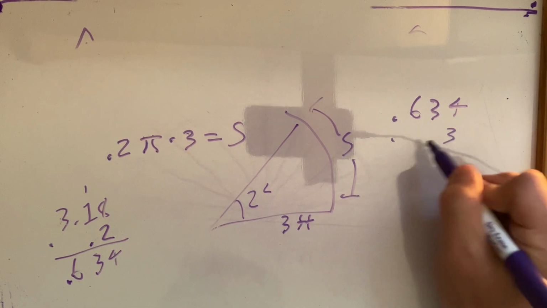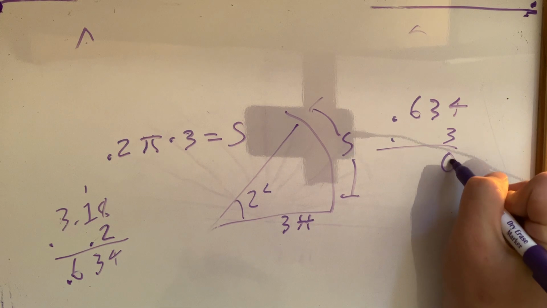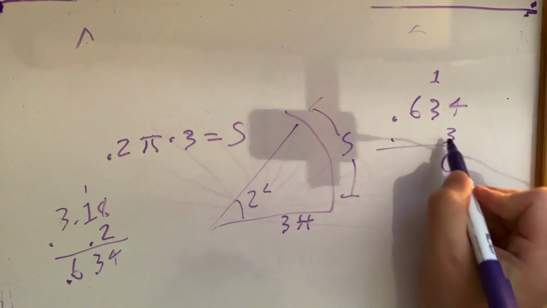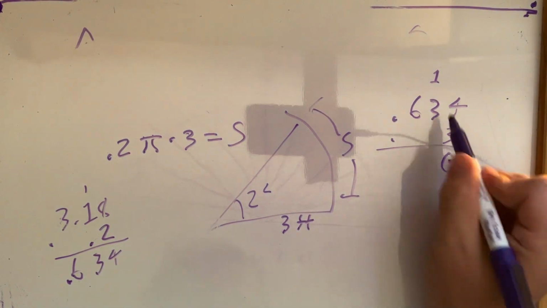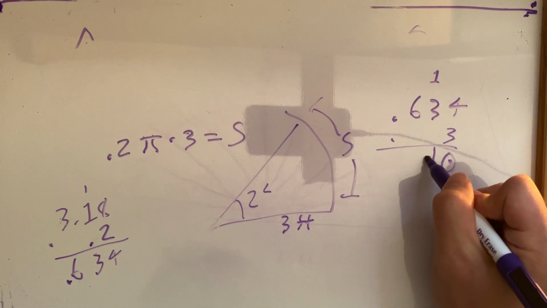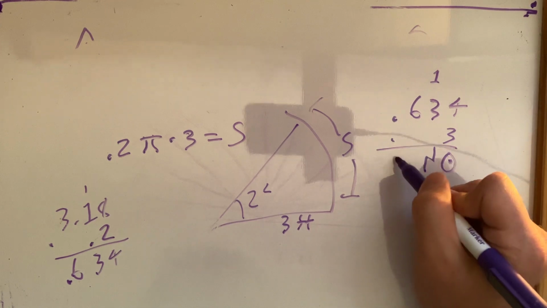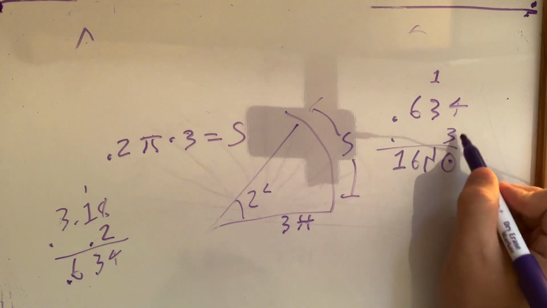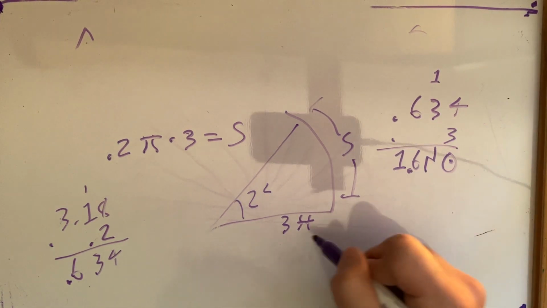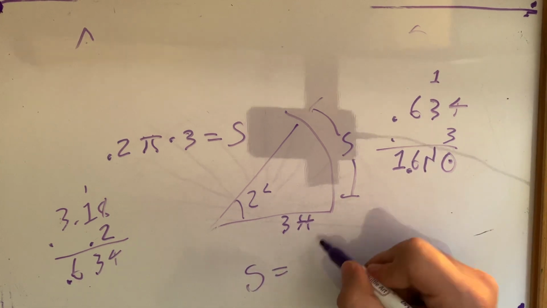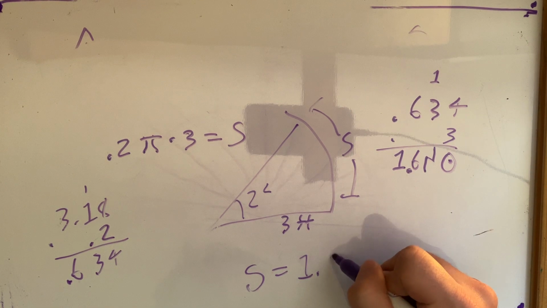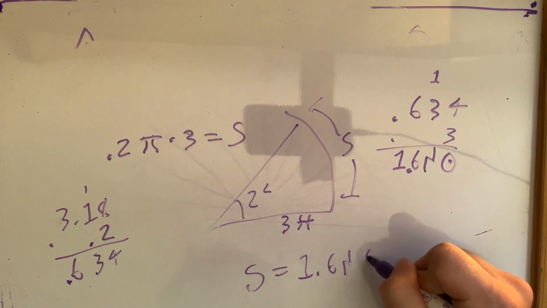Multiply that by 3. 3 times 3 is 9, plus 1 is 10. 3 times 6 is 16. Put the decimal point there. So the arc length equals 1.6010 feet.